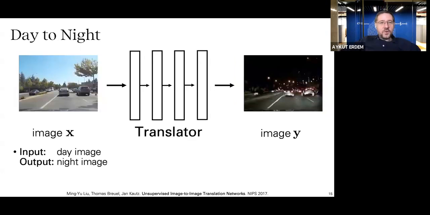If we go towards more complex problems, here is another interesting case where the input is a day image taken under daylight. And the idea is to learn a model to visualize the scene at a different time of the day, like at night.